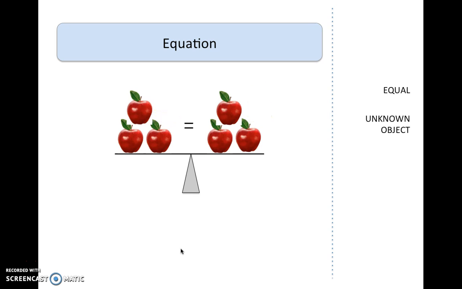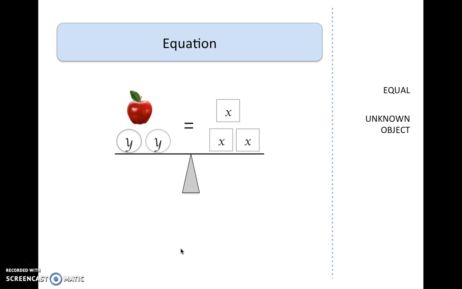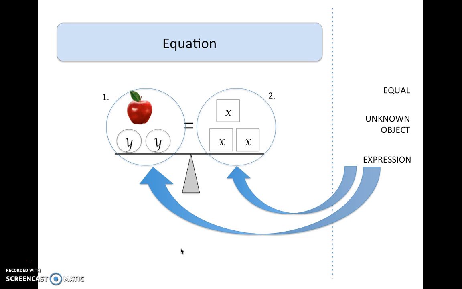Now we can exchange the apples by an unknown object. For example, we replace them by the letter Y on one side. We replace 3 apples or objects by the letter X on the other side. We now have two expressions, an expression on one side and an expression on the other side.